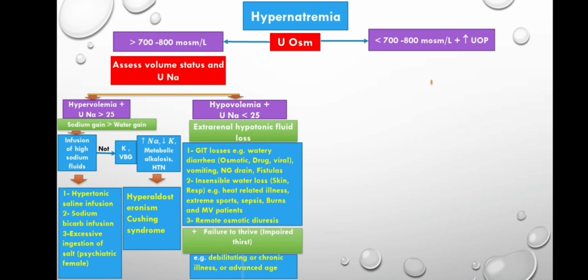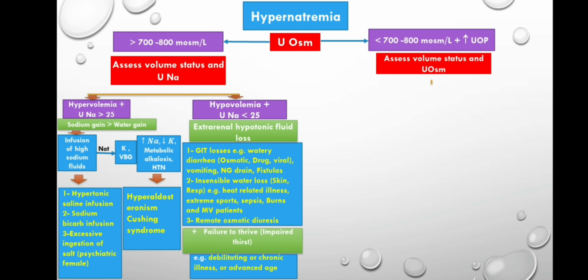However, in patients with debilitation, multiple comorbidities, chronic illness or advanced age, the patient cannot drink well and there is failure to thrive, so hypernatremia will occur. So extrarenal hypotonic fluid loss should be associated with failure to thrive to cause hypernatremia.